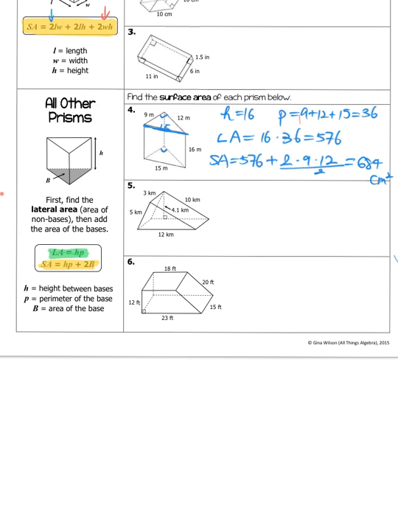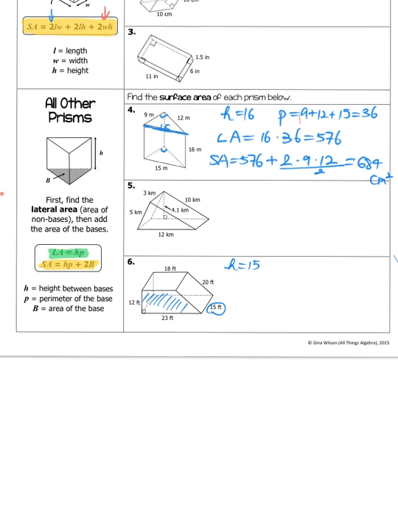Height is 15. So in this case, you have to tilt it sideways so that this becomes one of your bases, because that's congruent to the top because of the prism. So then this becomes the height.